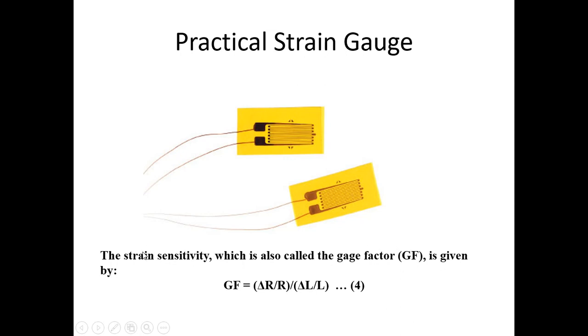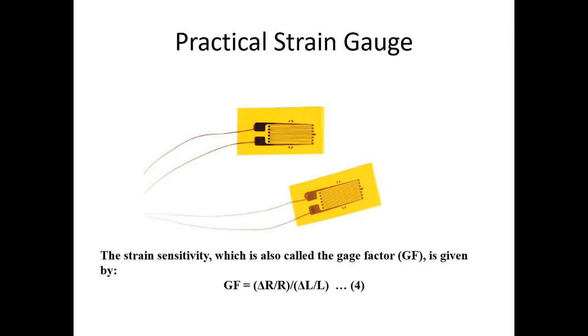The gauge factor is given by del R divided by R, the whole divided by del L by L. The numerator indicates change in resistance to the original resistance, which is a unitless quantity, and the denominator is del L by L, which is change in length to the original length. Both are ratios, and that's why the gauge factor is normally a unitless quantity.